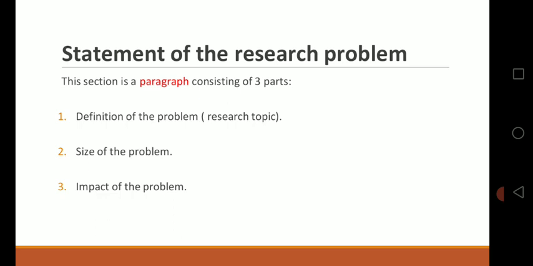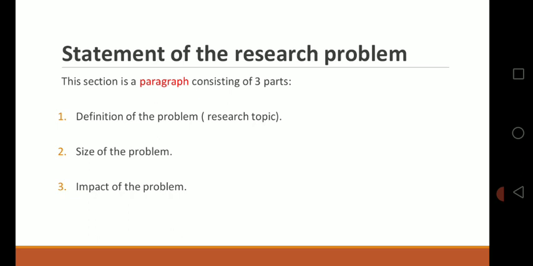This section is a paragraph consisting of 3 parts. The statement of the research problem is a heading in the proposal composed of only a single paragraph that contains the following parts.